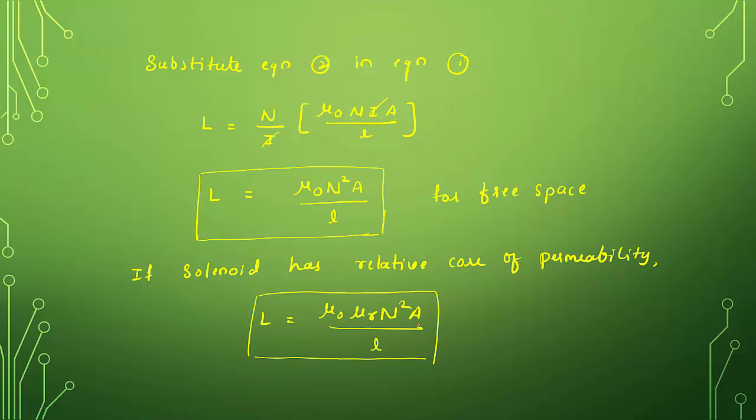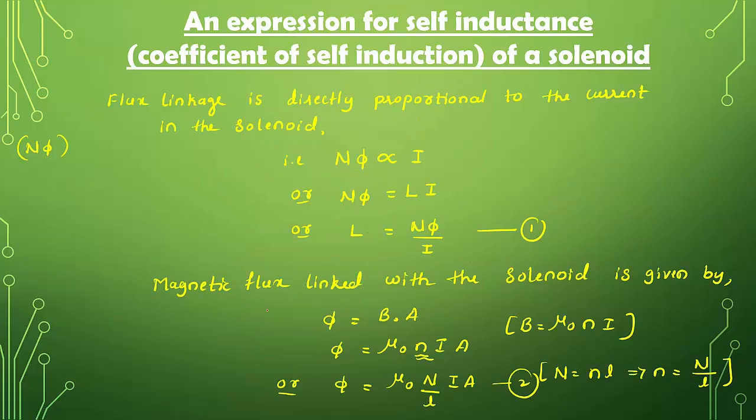What is the expression for self-inductance of a solenoid for free space? L equal to mu naught N square A by L. For relative permeability, we write L equal to mu naught mu R N square A divided by L. This is an expression for self-inductance of a solenoid, and this derivation carries 3 marks in your board examination.